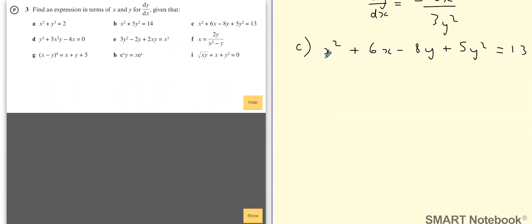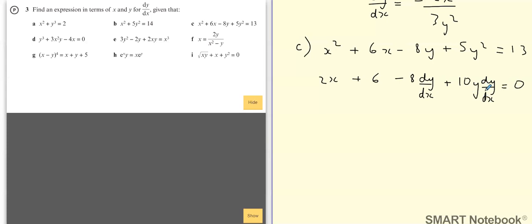Now, if I differentiate x squared, I get 2x, that's fine. Differentiate 6x, I get 6. Differentiate minus 8y, I'm going to get minus 8 dy by dx. Differentiate 5y squared, I get positive 10y dy by dx, and that equals 0 on the right-hand side. Are you happy with that?